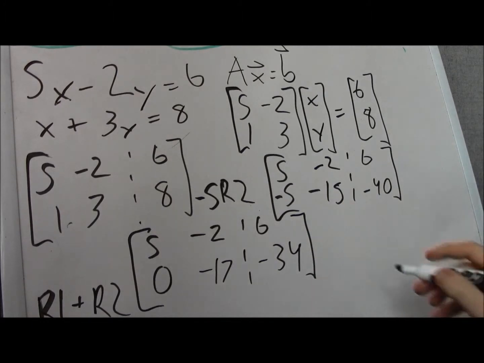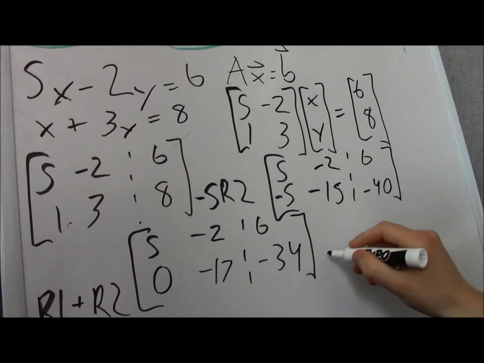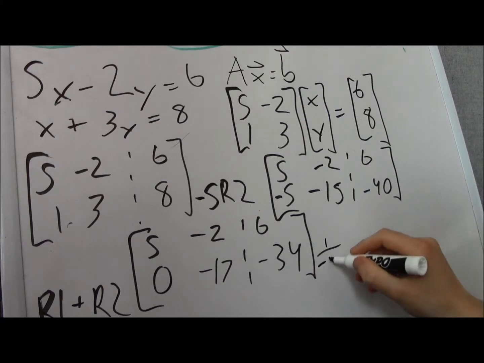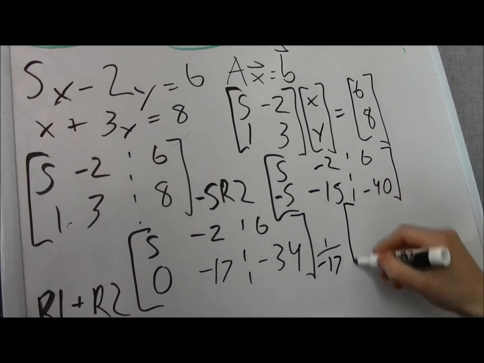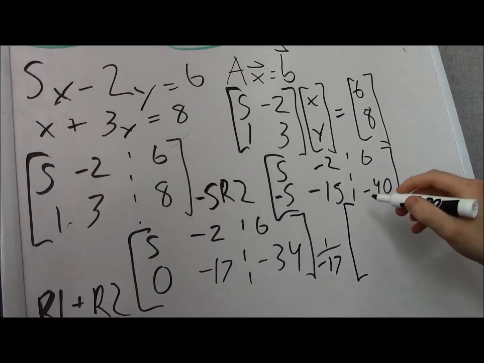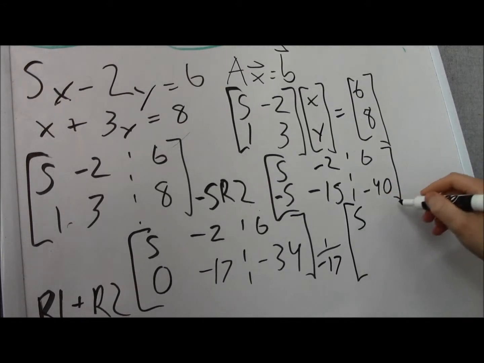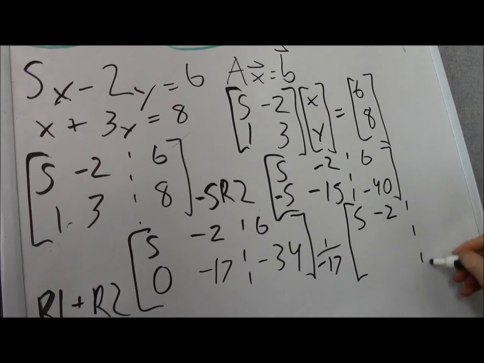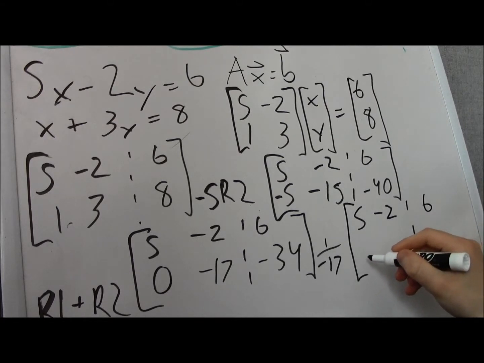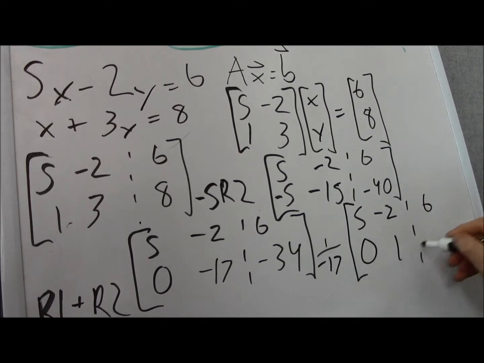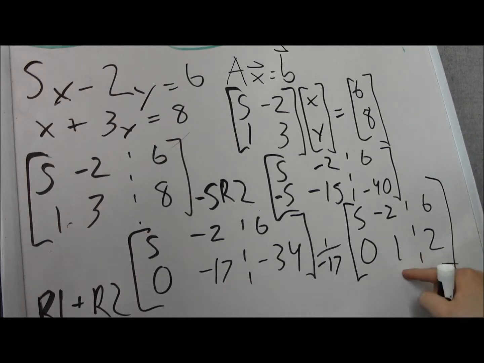Don't really want to work with that, so we can simplify that by dividing by -17, and it still doesn't change up here, and it becomes 0, 1, 2. So we have our 0 here, our 1 here, and it's nice and simple to work with.